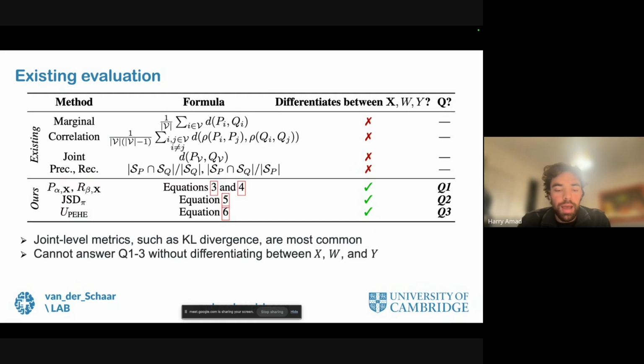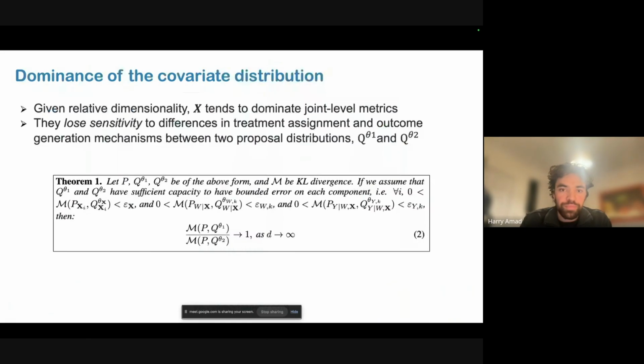They might be indirectly assessed via some of these metrics, but none of these metrics can cleanly answer the three questions that we posed before, because they do not differentiate between these three classes of variables as we would want them to. And we can prove that some of these metrics will really lose sensitivity, as we term it here, to two of these particular distributions because of the relative dimensionality of the covariates in the data.